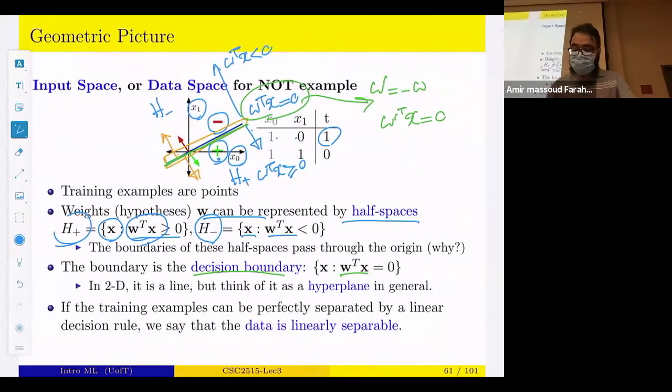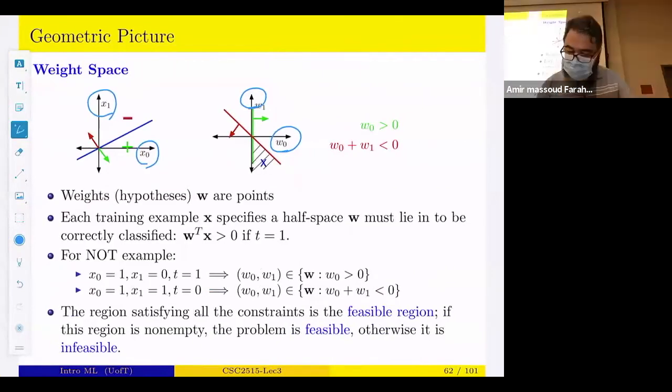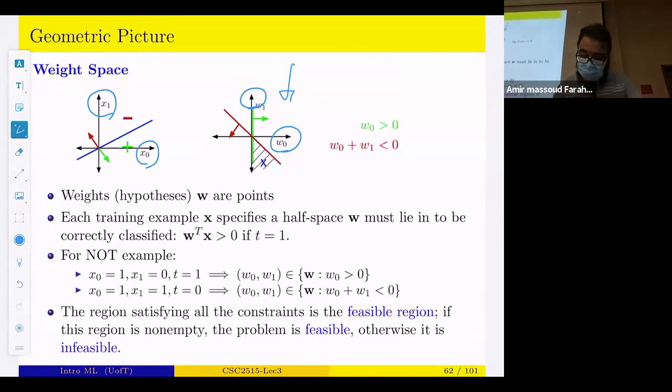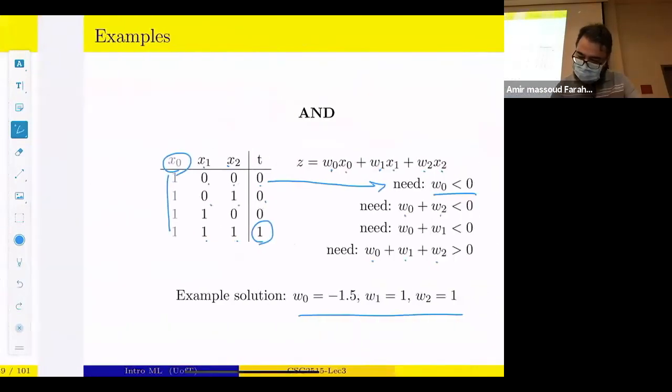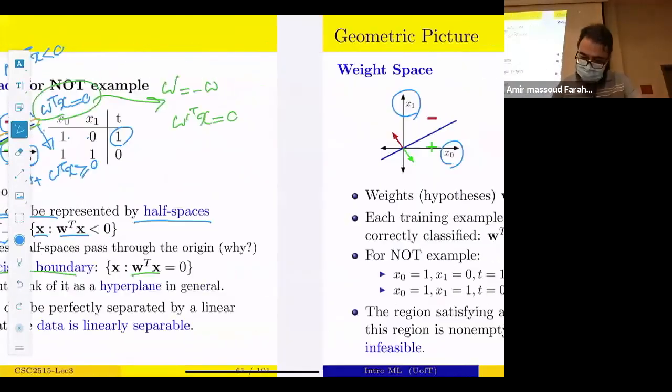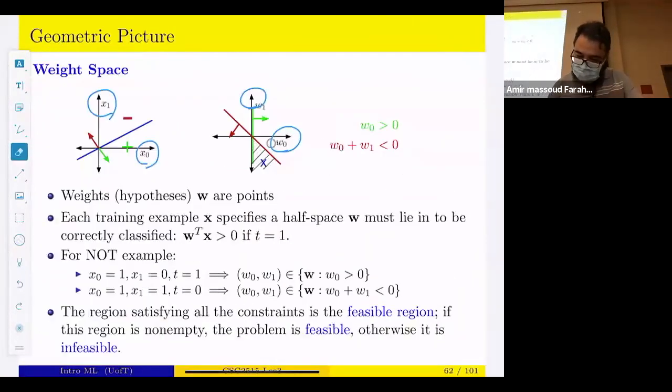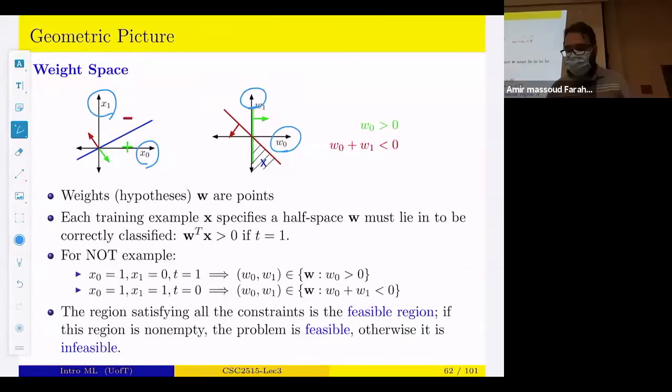If we visualize it in this figure, we see that we have a line or a half space defined by this inequality.